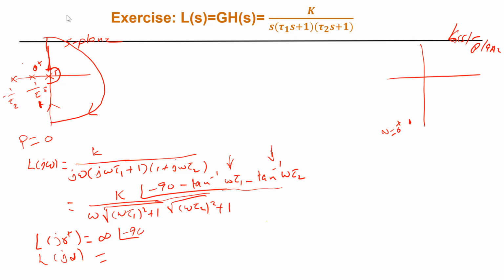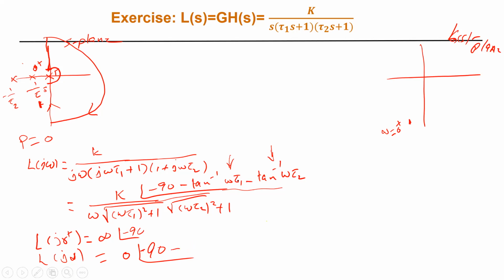Okay, Abdulsalam, at infinity, what will be the magnitude? 0. Exactly. What about the angle? Minus 90. Exactly. And then, what about this one? Omega could go to infinity. Tan inverse of infinity.